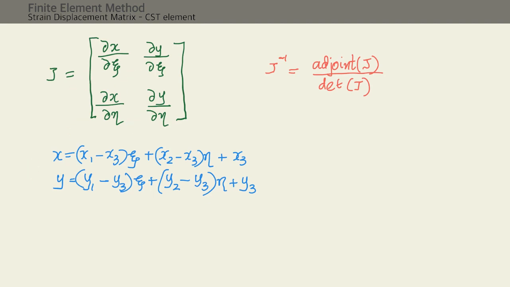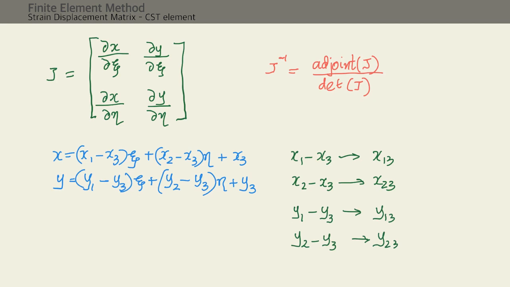We have the expression for x and y in terms of psi and eta. I would like to also introduce a compact notation to represent x1 minus x3, x2 minus x3, and so on. Let me represent x1 minus x3 as x13 and x2 minus x3 as x23. Also y1 minus y3 and y2 minus y3 as y13 and y23 respectively.